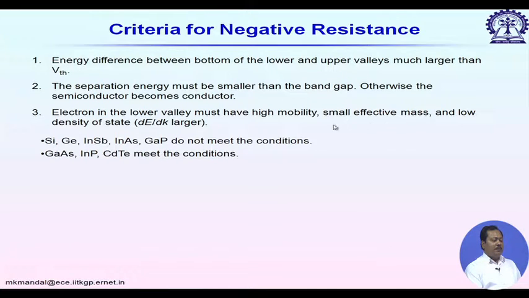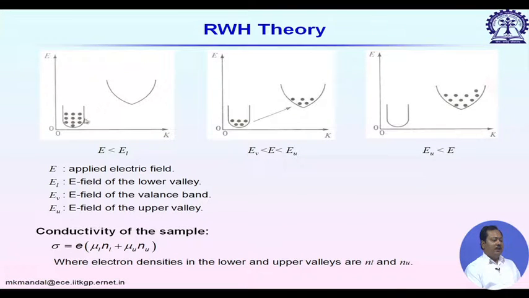Low density of state means the rate of change of E with respect to k should be larger, as shown in this figure. So, if I look at the edges for the second conduction band, you see it is more flat.